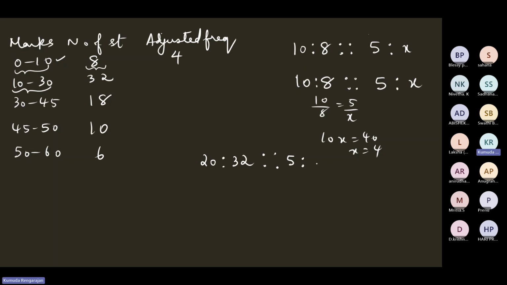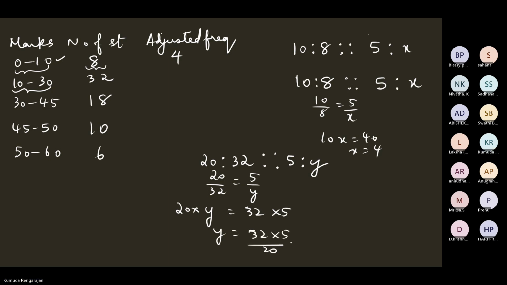Let's use y. So 20 by 32 is equal to 5 by y. So 20y is equal to 32 into 5, so y is equal to 32 into 5 by 20. When you work this, you get 8.